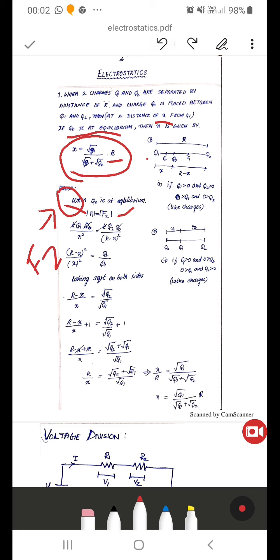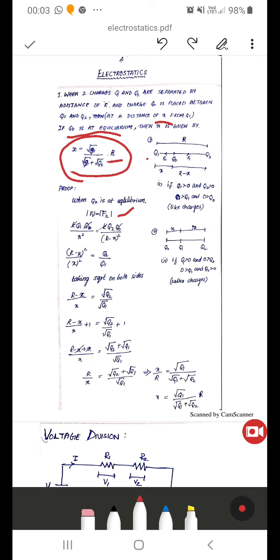Right. Now, using the formula F is equal to k q1 q2 divided by r square, where r is the distance between the charges. This formula is Coulomb's inverse square law. Now, applying this, in case of F1, the charges are q1 and q0, and the distance between q1 and q0 is x.